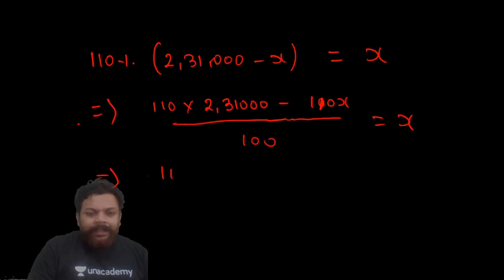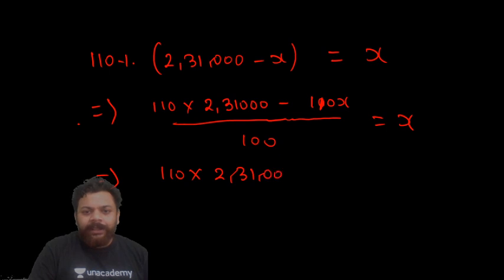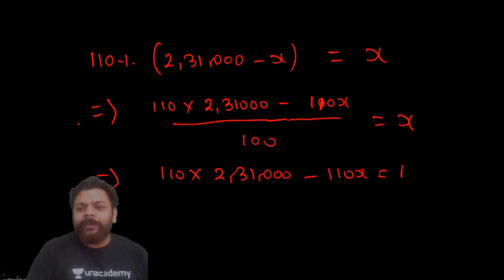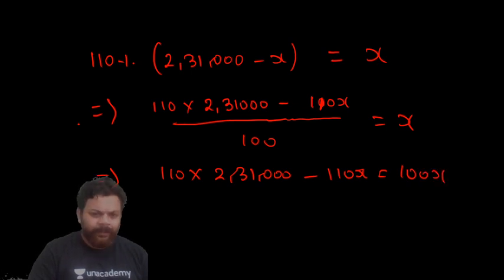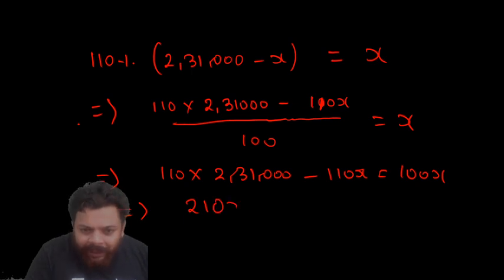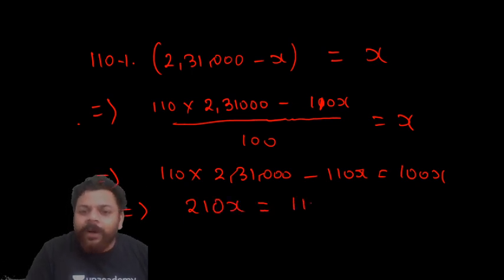So I can write 110 multiplied with 2,31,000 minus 110X must be equal to 100X. And for sure, I can write 210X must be equivalent to 110 multiplied with 2,31,000.